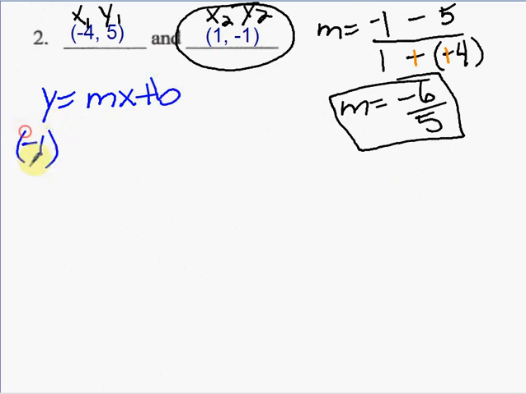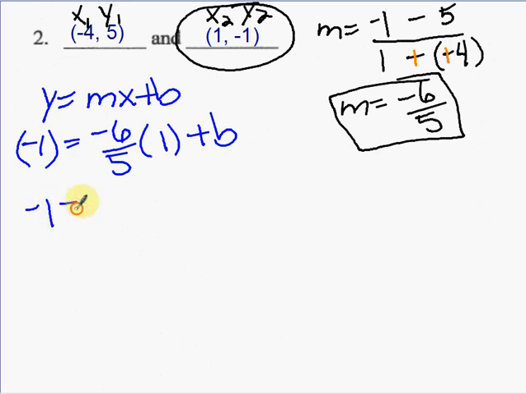Negative 1 is our y. We found our slope. It's negative 6 over 5. From the ordered pair we've chosen, x is 1, and b is what we're looking for. So let's see. We have negative 1 equals negative 6 over 5 because we multiplied by 1. That just gives us what we multiplied right back, plus b.